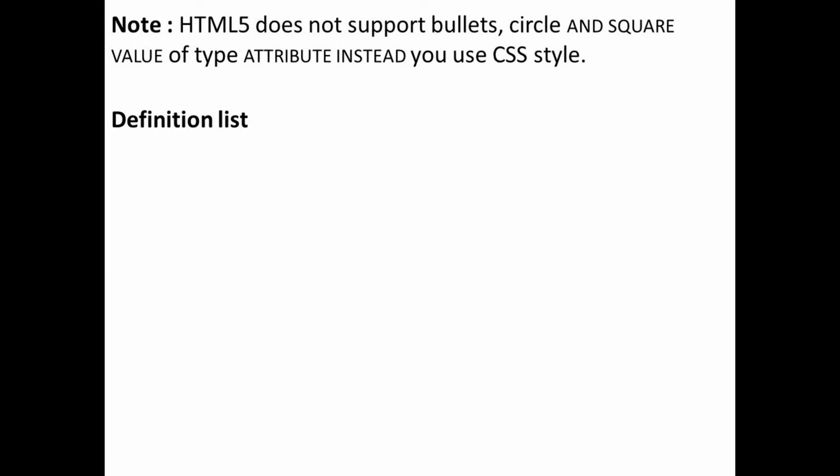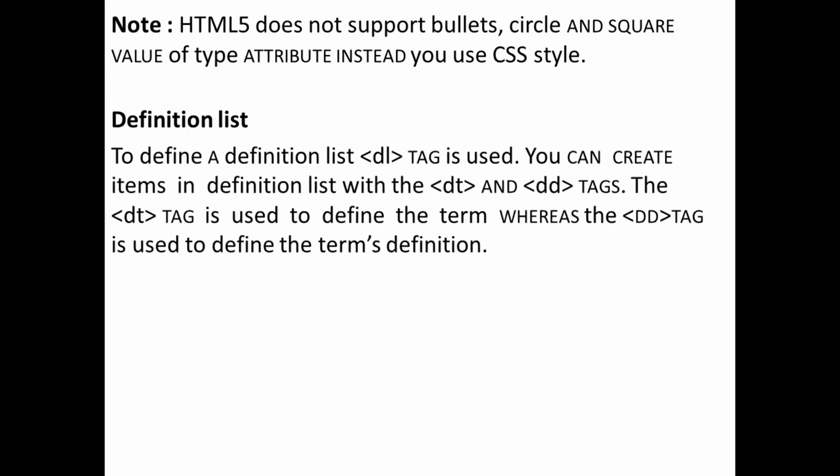DL, definition list. So what is it? It is used to define a definition list. What tag do we have to use? We have to use the DL tag, that is definition list. We can create items in the definition list with DT and DD.